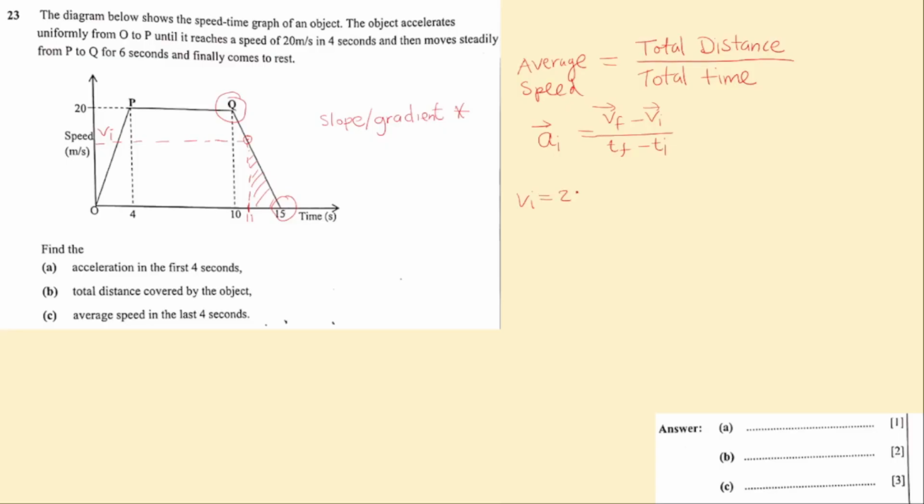It is 20. The initial time there will be 10. The final velocity right here is 0. Then the final time is 15 seconds. So we use these values to find the deceleration of that line.